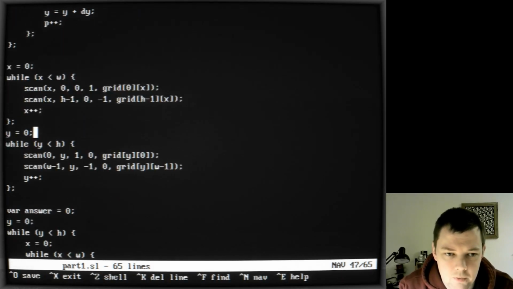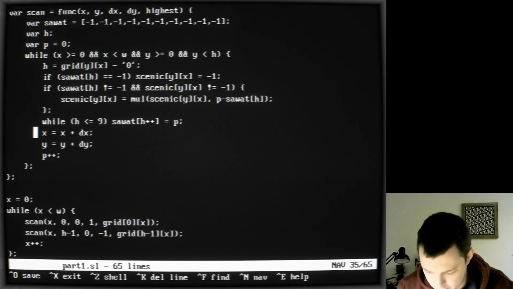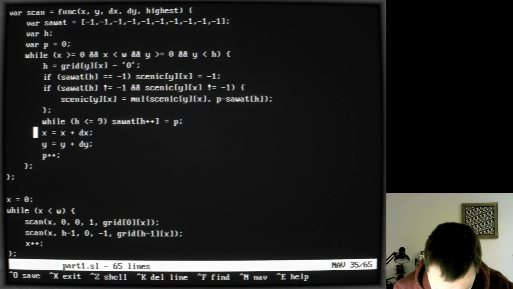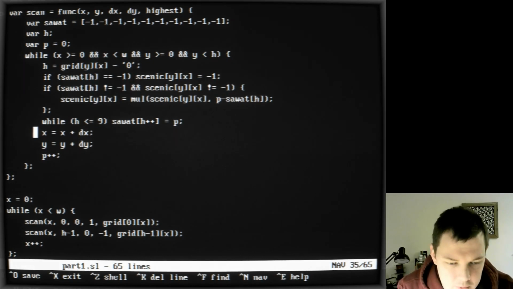And hopefully it won't overflow a 16-bit int. Well, the largest it could be is 50 to the power of 4, which is 6 million, so I suspect it might overflow.